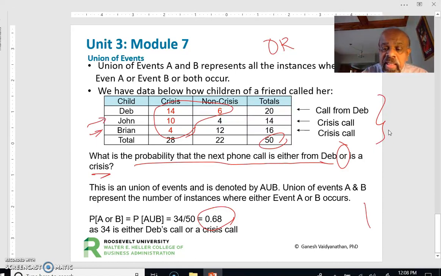The union basically is done this way. A union B is denoted this way. The intersection is going to be just the opposite of this U. Okay, so the probability of A or B, which is the P of the probability of A union B, is going to be 0.68. Okay, so there is 68% probability that the next phone call is either from Deb or is a crisis. Okay, so with this we'll go to module 8.